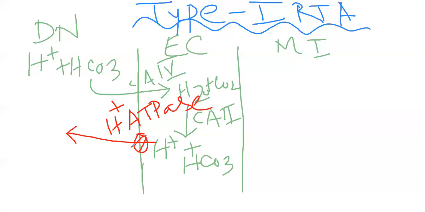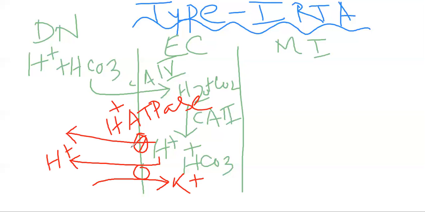In the other way, it can be transported into the distal part of the nephron by a secondary active transport mechanism. Here, potassium ion enters the cell and hydrogen ion is removed from the cell, and this channel is known as the potassium hydrogen ion exchanger.